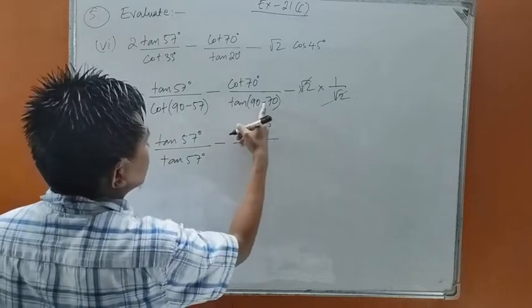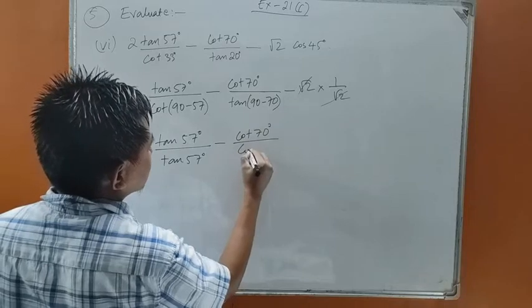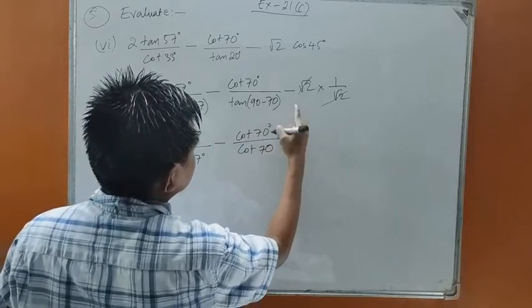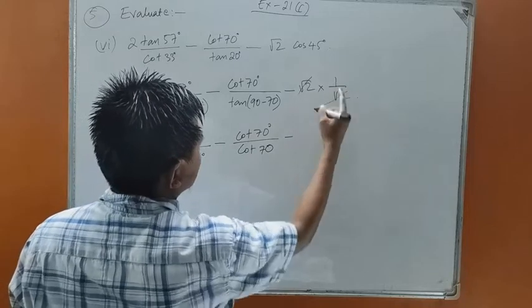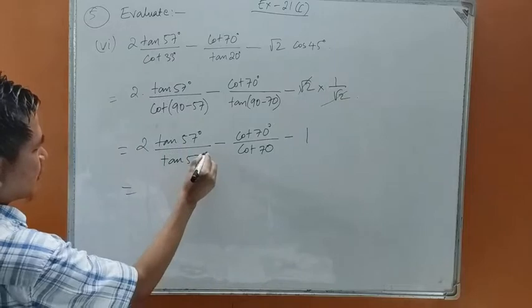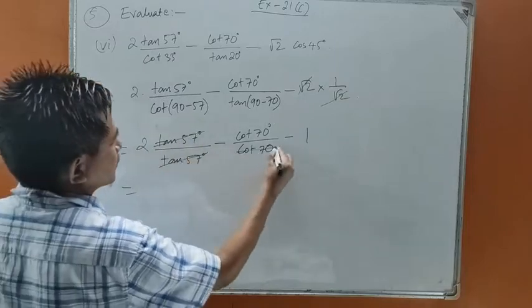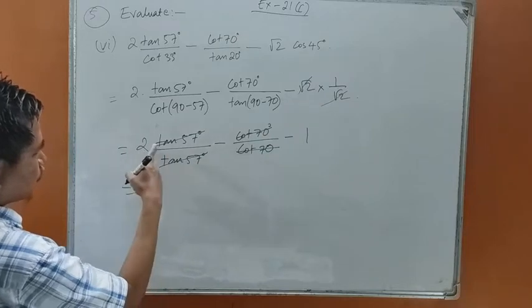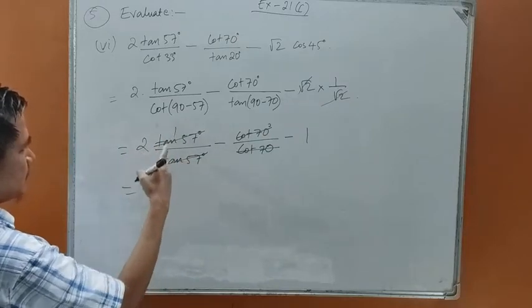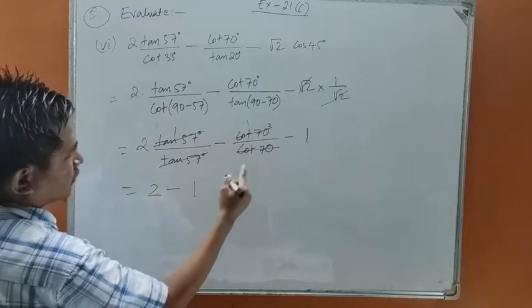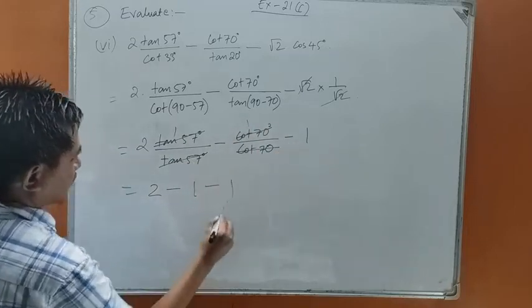So tan 90 minus theta is cot theta, cot 70 degree, minus, this minus comes here and this is 1. These two are cancelled, isn't it? So you can cancel this and this as well, and this also. So this is 2 upon 2, which is 1, minus 1, and the answer is 1 minus 1.